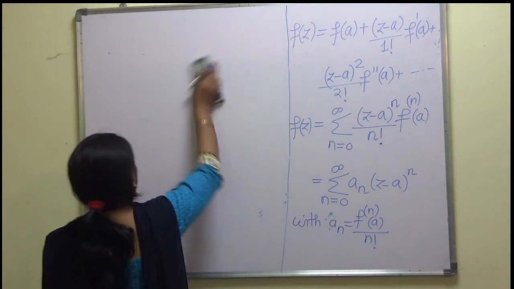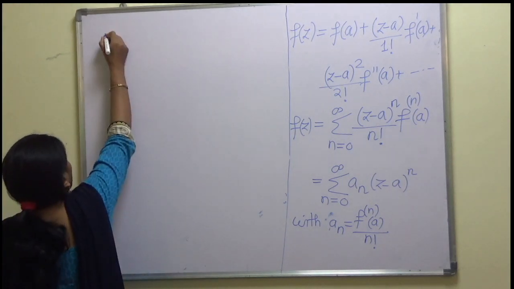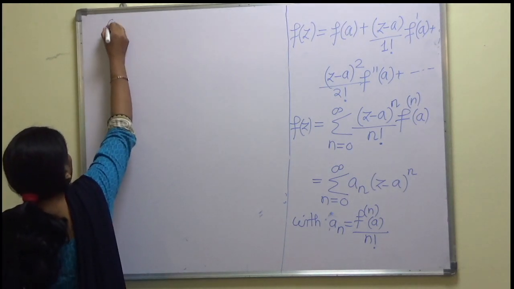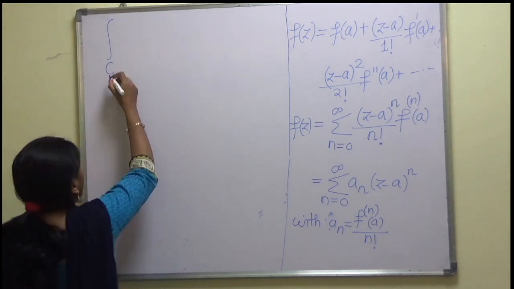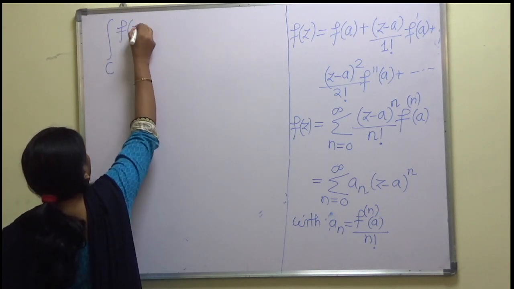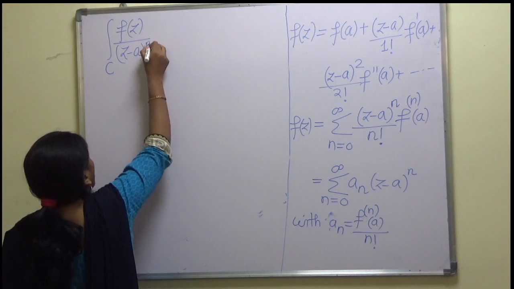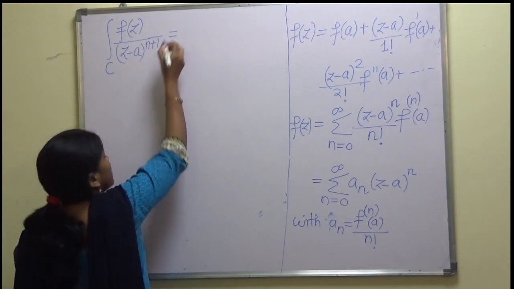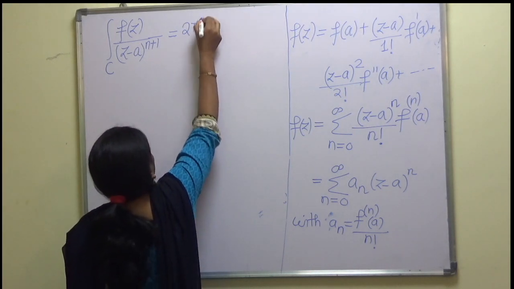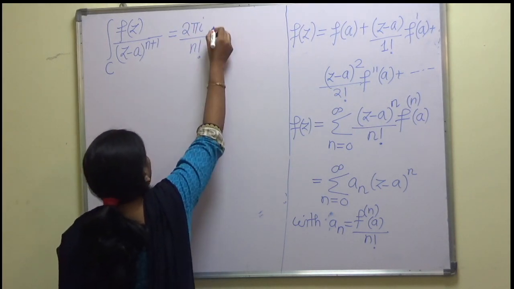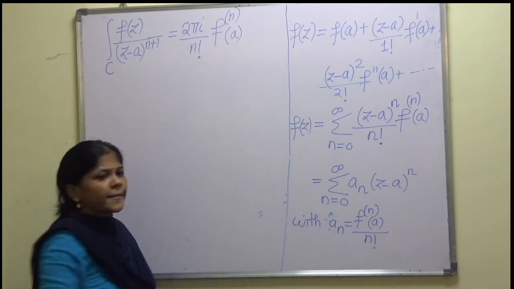If you recall, according to the generalized form of Cauchy integral formula, we have integration over C of f of z upon z minus a raised to n plus 1 is equal to 2 pi i upon n factorial into nth derivative of f at z equal to a.